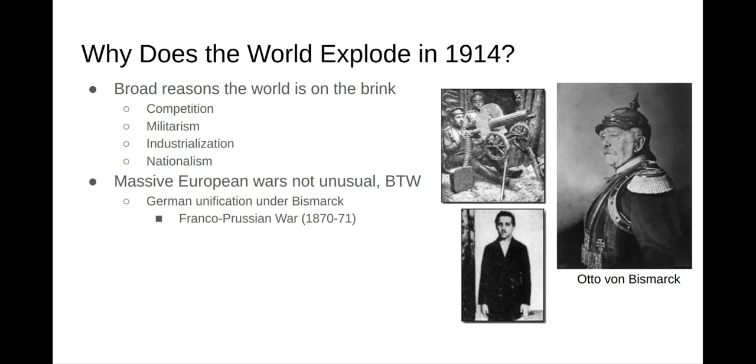So these broad-based wars on the European continent, initiated by one or another state in attempts to create some sort of larger European empire, were not unusual. Just in 1870 to 71, as we've discussed before, you had the Franco-Prussian War, a pretty large-scale war between France and Prussia, the result of which is part and parcel of German unification at that time.